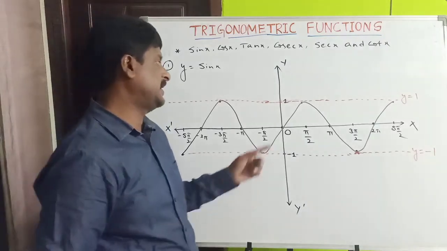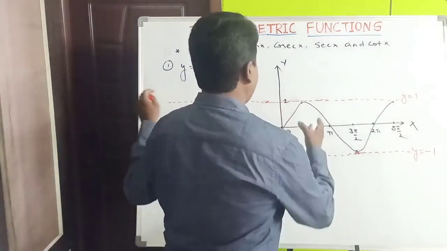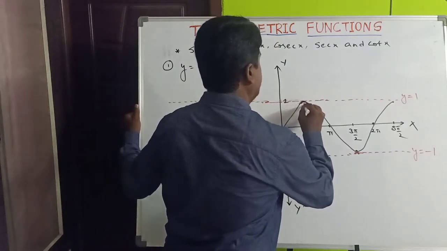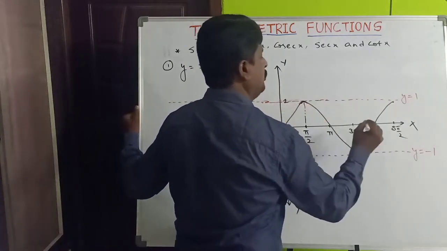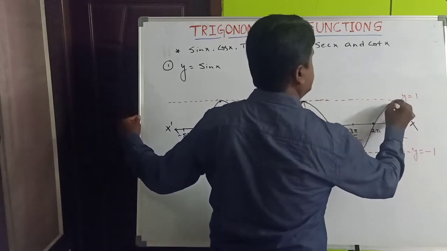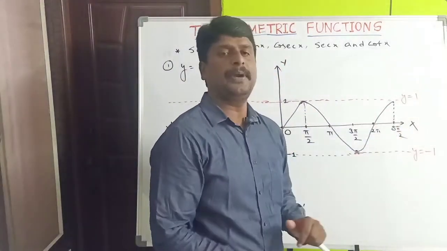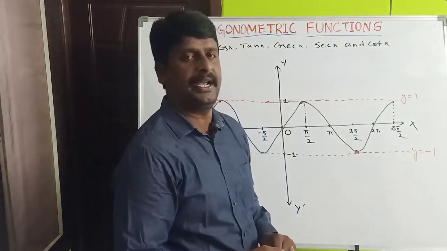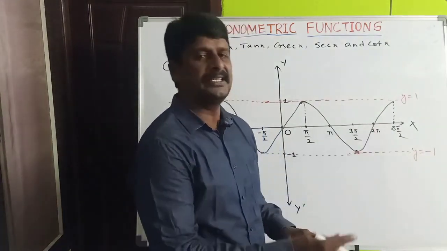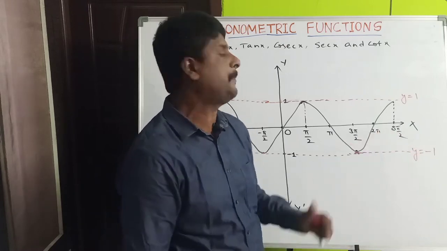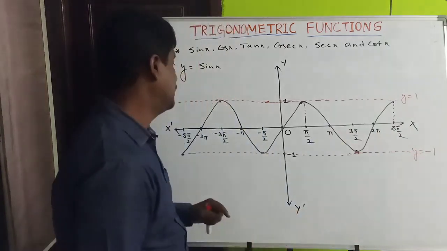Also observe that the graph is touching the line y equals 1 at pi by 2, and again at 5 pi by 2. The difference between pi by 2 and 5 pi by 2 is 2 pi. Again, when 2 pi is added to 5 pi by 2, the graph of sin x will touch the upper boundary y equals 1.